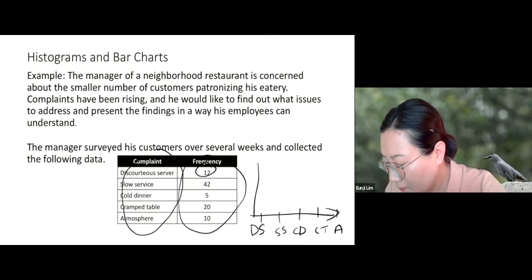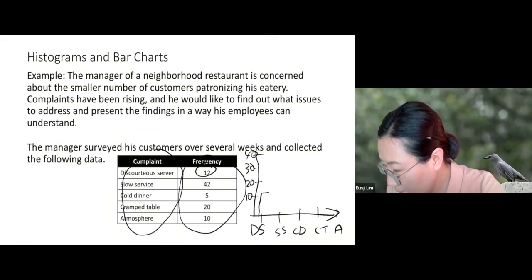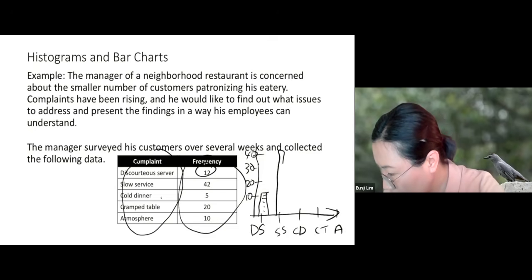So the first bar goes up to 12. Right? This is 10, 20, 30, 40. The first one goes up to 12. And the second one goes up to 42. And the third one goes up to 5. And next one up to 20. And the last one up to 10.